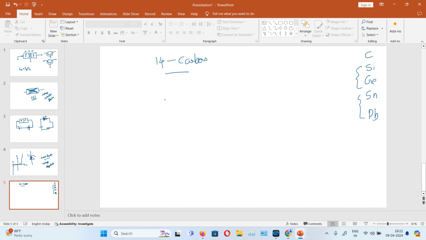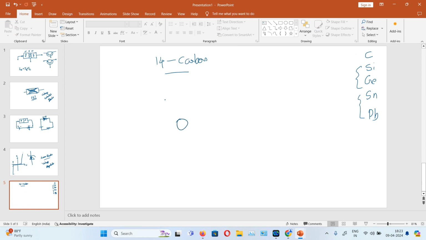What's the valency of these things? The valency of carbon is four. The configuration should be 2 4, or like 2 8 4, something like that. So the outermost shell contains only 4 electrons. So how can it arrange?